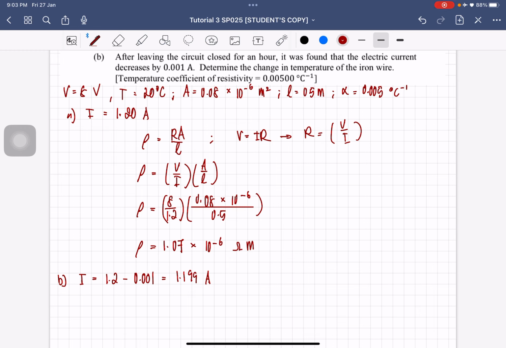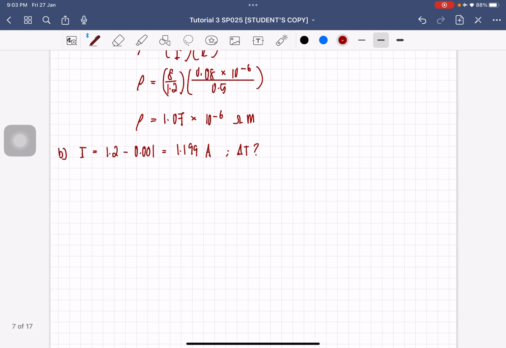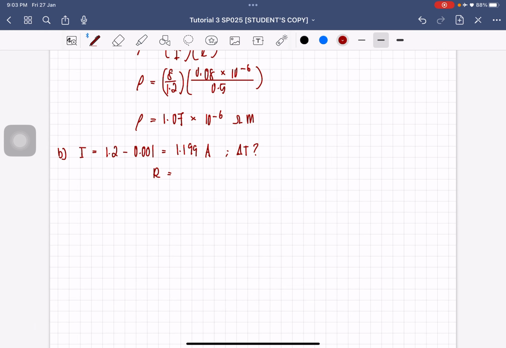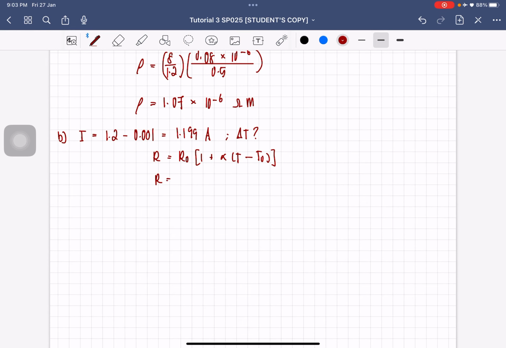Now we have to determine the change in the temperature of the iron wire. So we are going to use the equation R equal to R naught times 1 plus alpha (T minus T naught). Since we have to find delta T, we can write this equation as this one here.